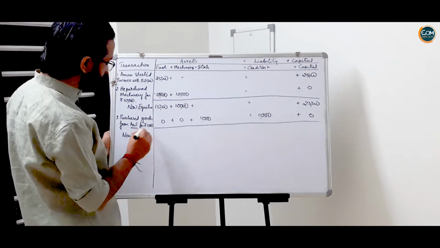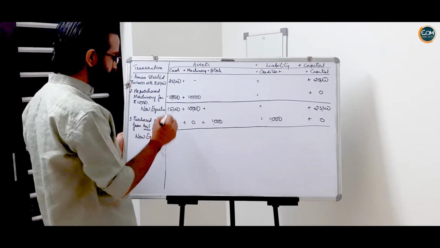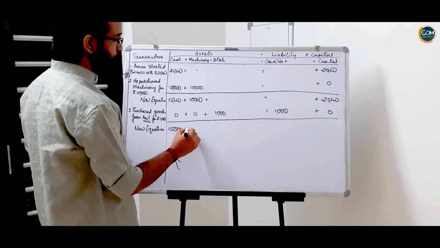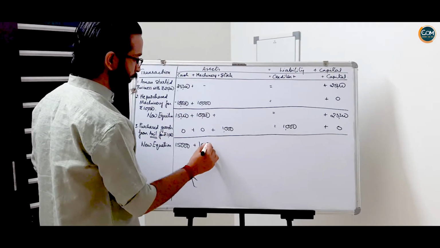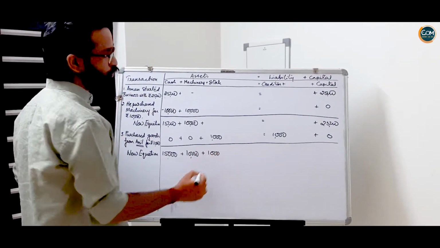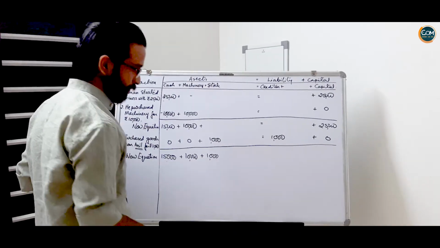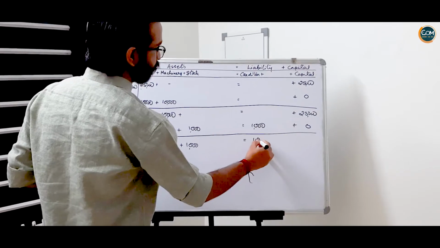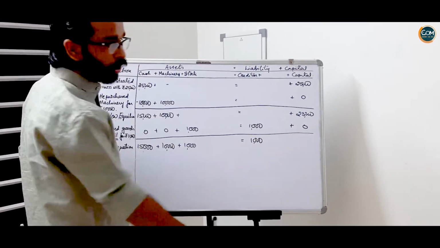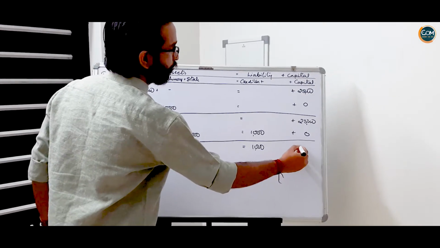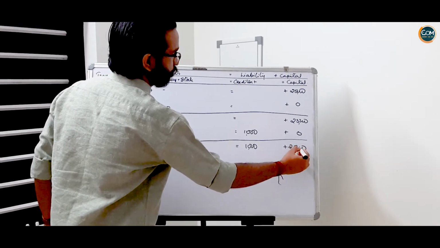When we form a new equation, we can see that there will be no change in cash, no change in the value of machinery, but a new item called stock for ₹1,000 arises. And on the liability side, a new item called creditor worth ₹1,000 appears, and the capital remains constant.